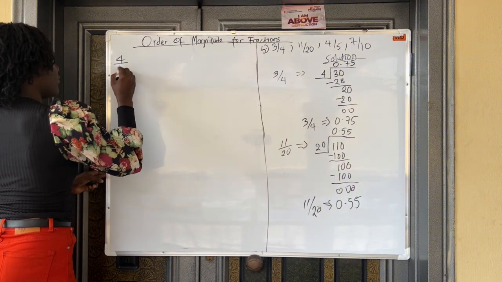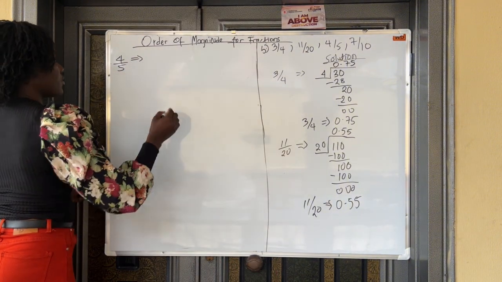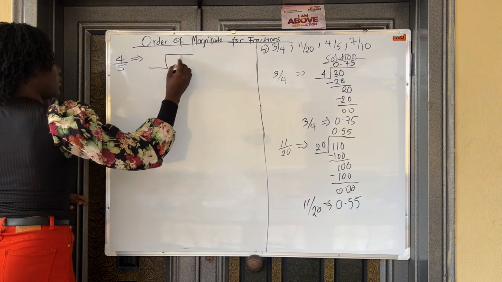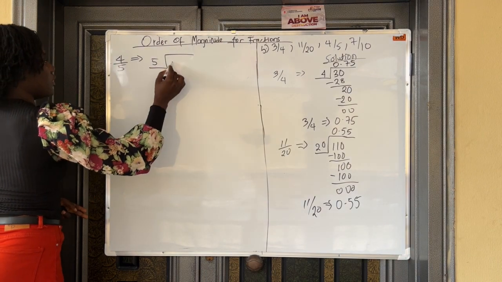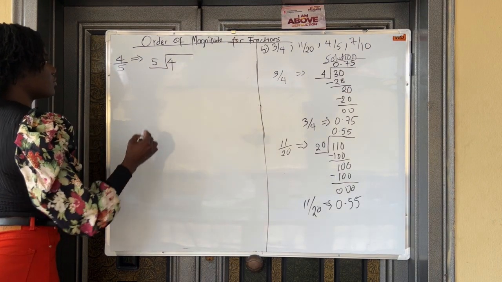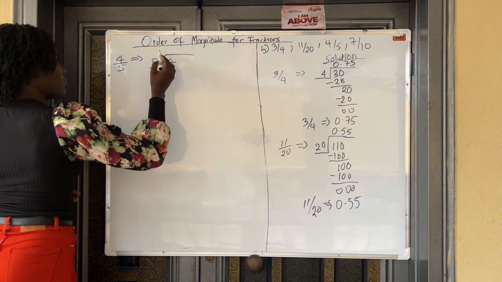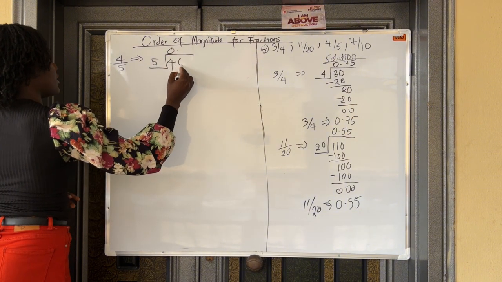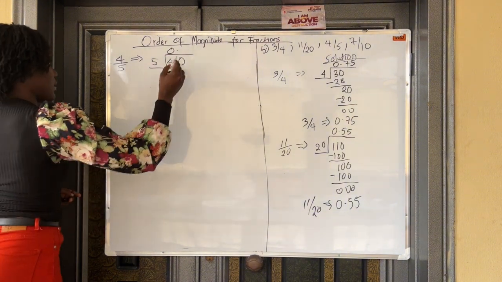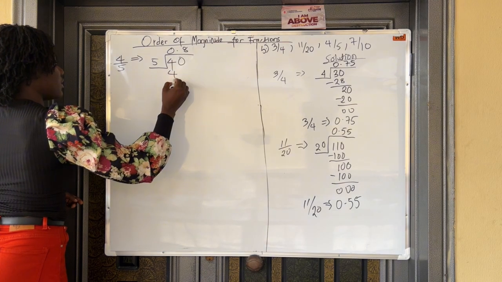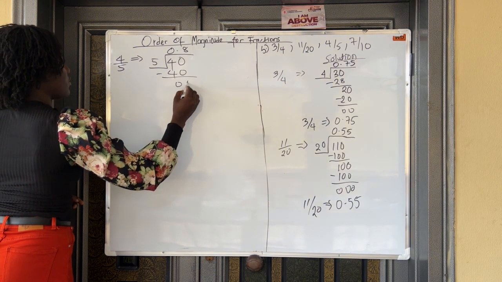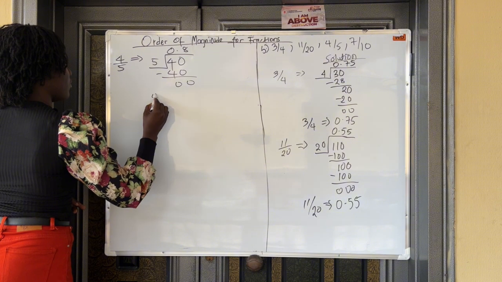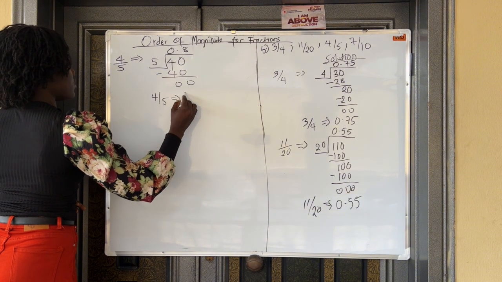Then we go to the next one. 4 over 5 to decimal. Denominator stays here. The numerator stays here. So 5 divided into 4, it can't go. I'm going to put 0 point and add 0. 5 divided into 40 is what? 8. 8 times 5, 40. That's 0. So 4 over 5 is 0.8.